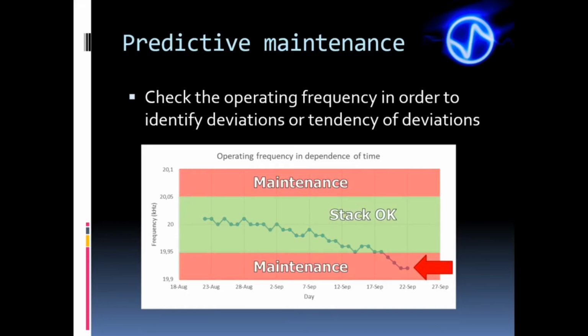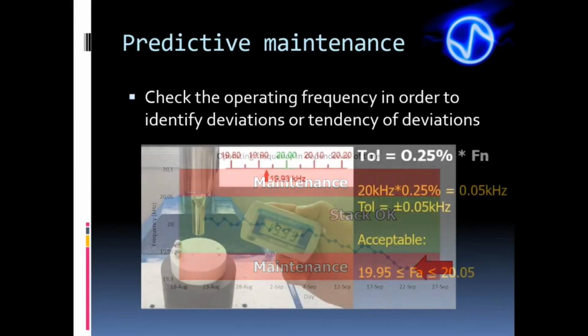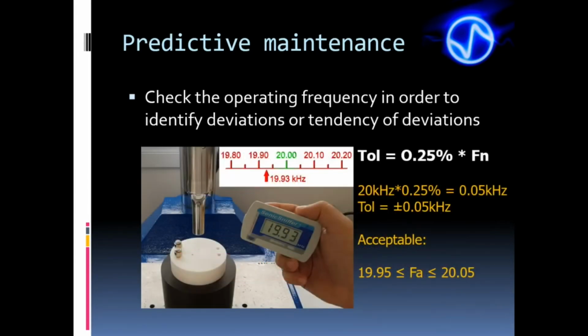If there's no frequency tolerance specification, we recommend that welding machines with variations greater than 0.25% of the nominal frequency undergo preventive maintenance. For example, this stack operates at 20 kHz. 0.25% of 20 kHz is 0.05 kHz.